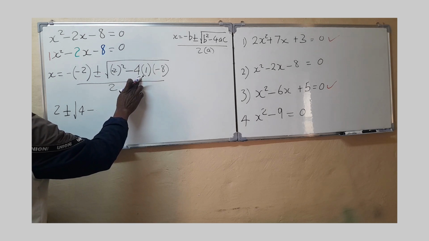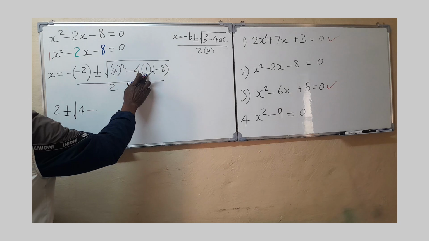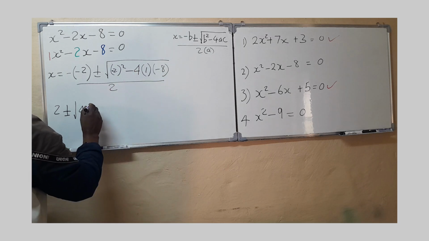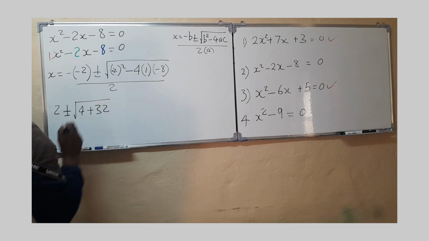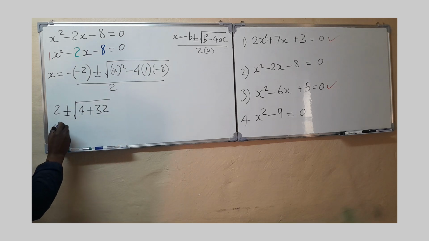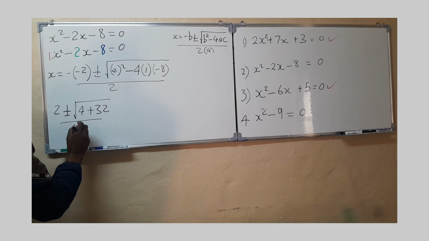Minus 4 multiplied by 1 is minus 4. Minus 4 times minus 8 is now plus 32. All this is under the square root sign, and this is divided by 2.